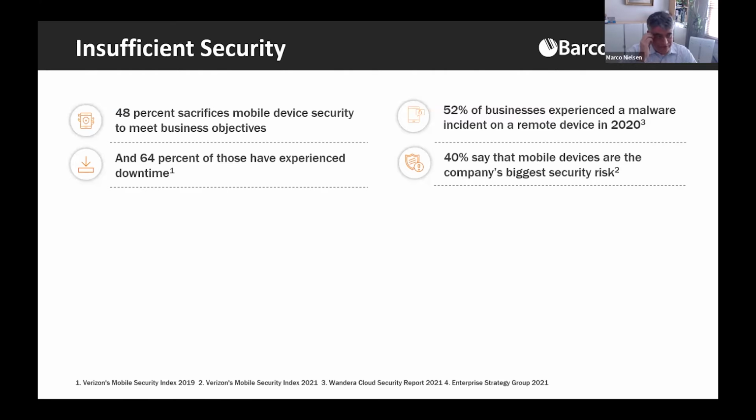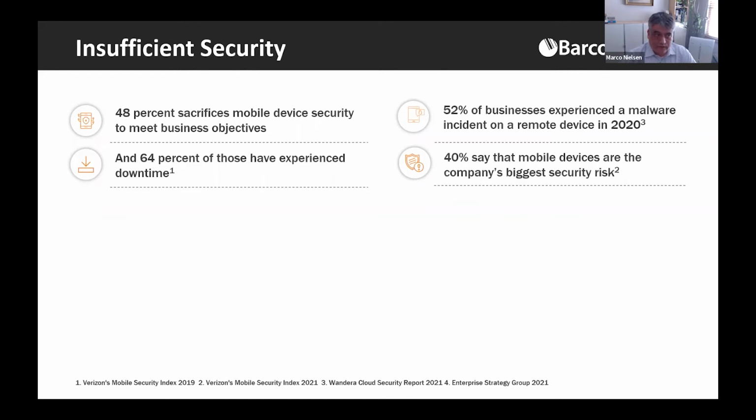So I mentioned security several times, and it's definitely a big topic for a lot of customers. And diving deeper into this, there are some quick stats with some very key reports that we found. 48% of business professionals say that they sacrifice mobile security to meet business objectives, cutting corners that way.